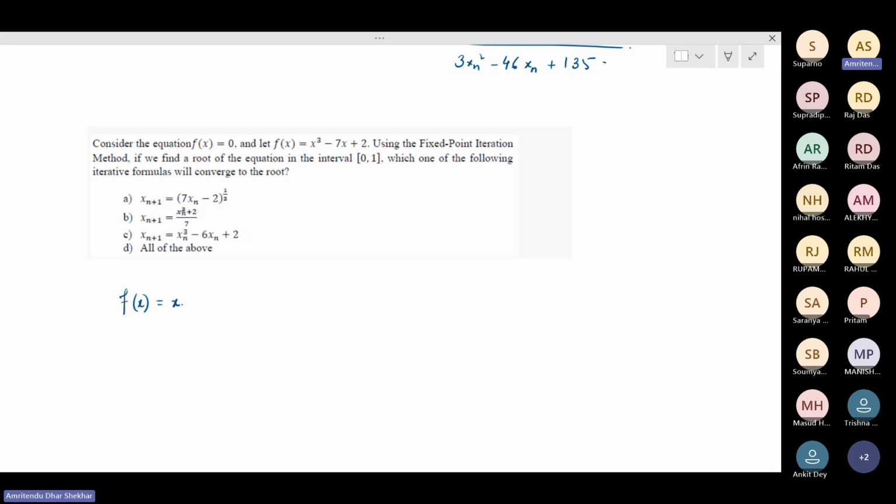Then one says that any x star that satisfies f of x star is equal to x star is called a fixed point of f.